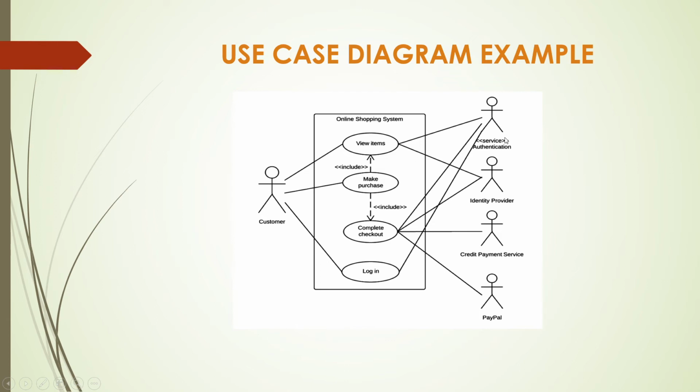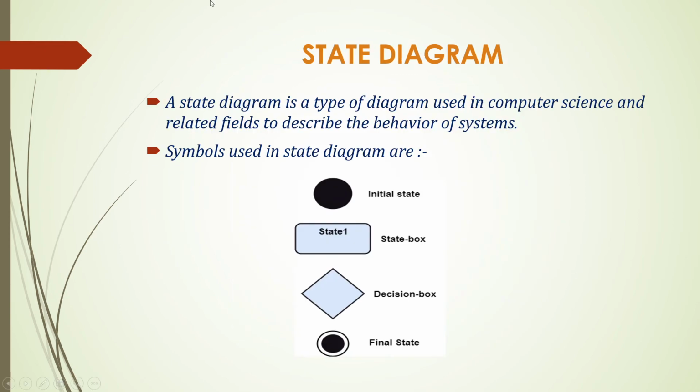Okay, so we have seen the activity diagram as well as the use case diagram. Let's see the state machine diagram. That's the state diagram. Let's look at the definition. A state diagram is a type of diagram used in computer science and related fields to describe the behavior of the system.